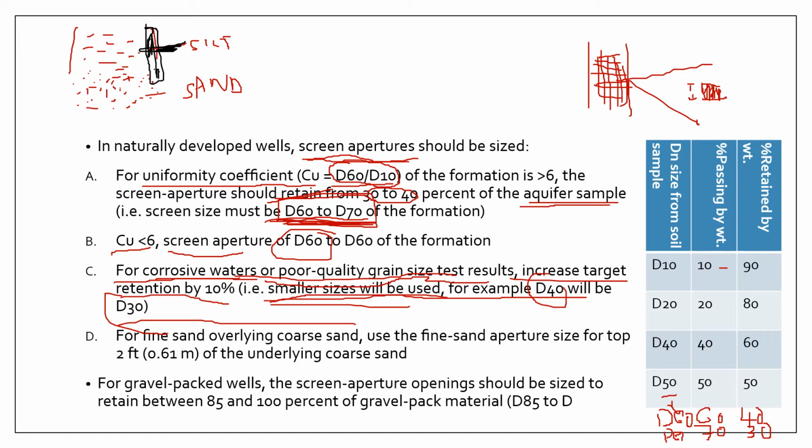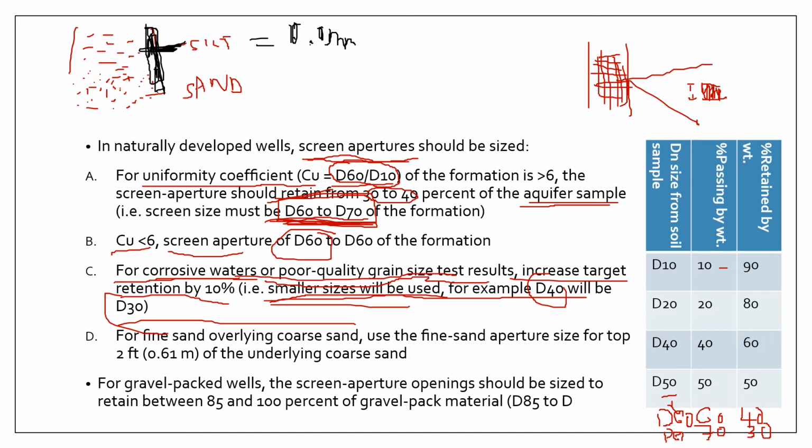All right, so if the aperture size requirement of silt is, let's say, 0.1 millimeter, we use that in the lower layers as well.